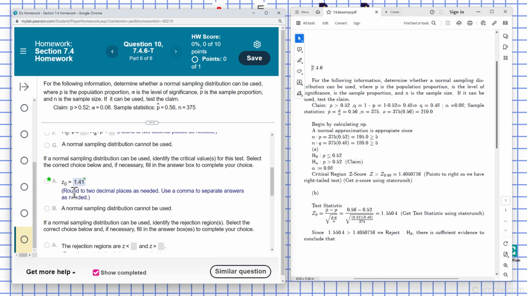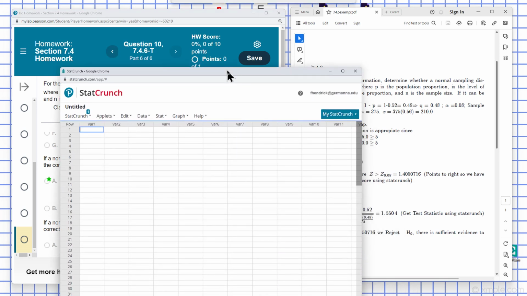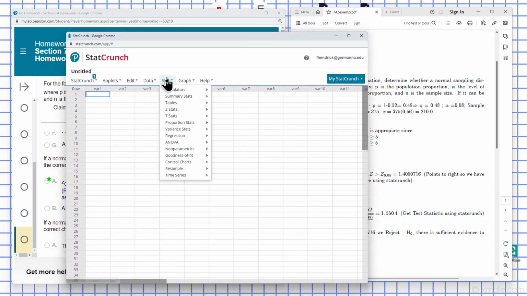Find the critical value that goes with it. So we can use StatCrunch here for the area. Since it's pointing to the right, we go to Stats, Calculators, Normal.